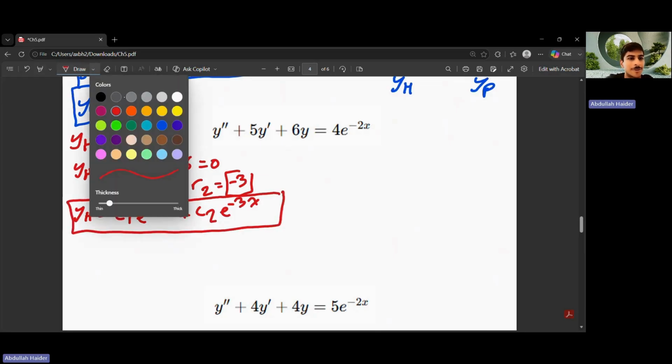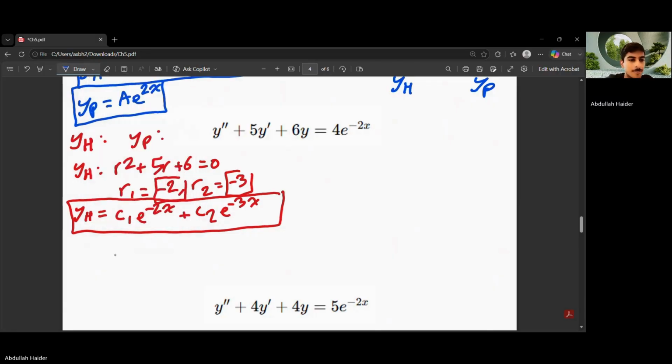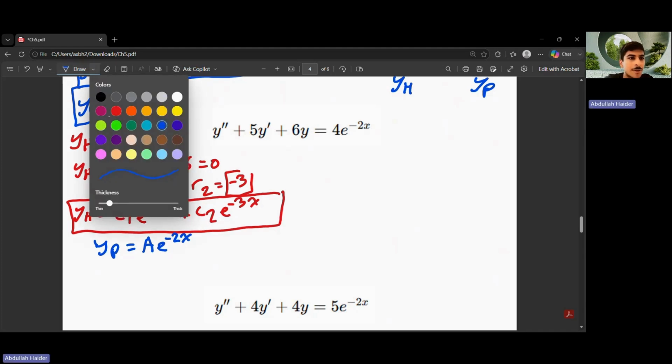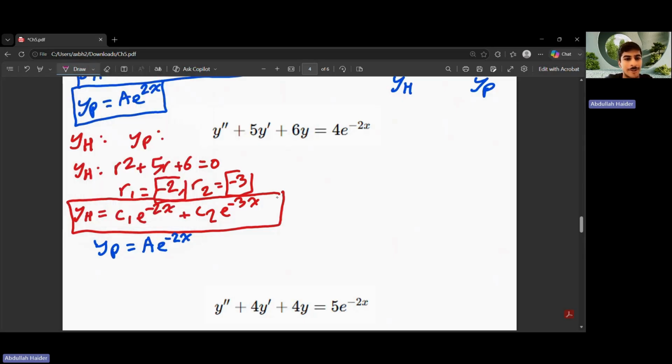And now we need to determine yp. As I said before, you take the constant as is, because it cannot always be 4. It can be 3, it can be 2, it can be 0. We take this 4 as a constant a, and we write the rest as is. Now, you always have to check for this important thing.